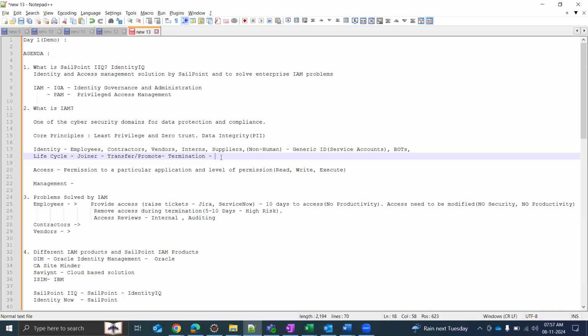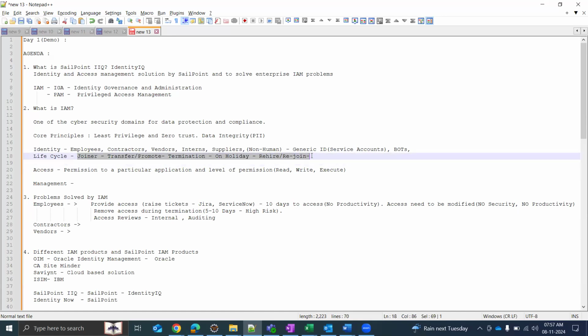After leaving, the person may rejoin, that is rehire. So these are the different events we are talking about in the life cycle.